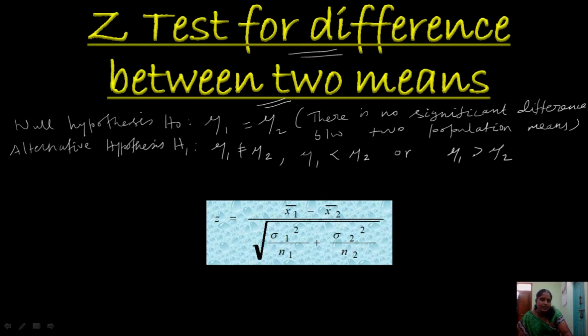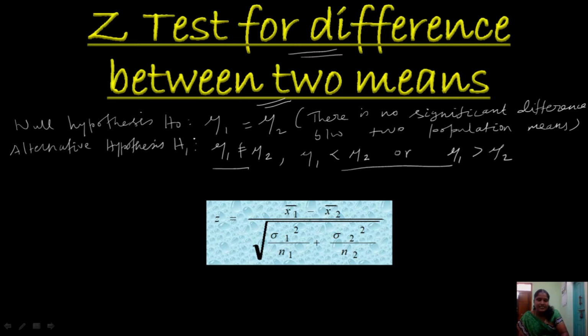It depends upon the situation of the problem given to us. So either we have to choose the two-tailed test or the one-tailed test. Based on the problem itself, we have to decide whether to follow a two-tailed test or a one-tailed test. So I have to set up the alternative hypothesis.